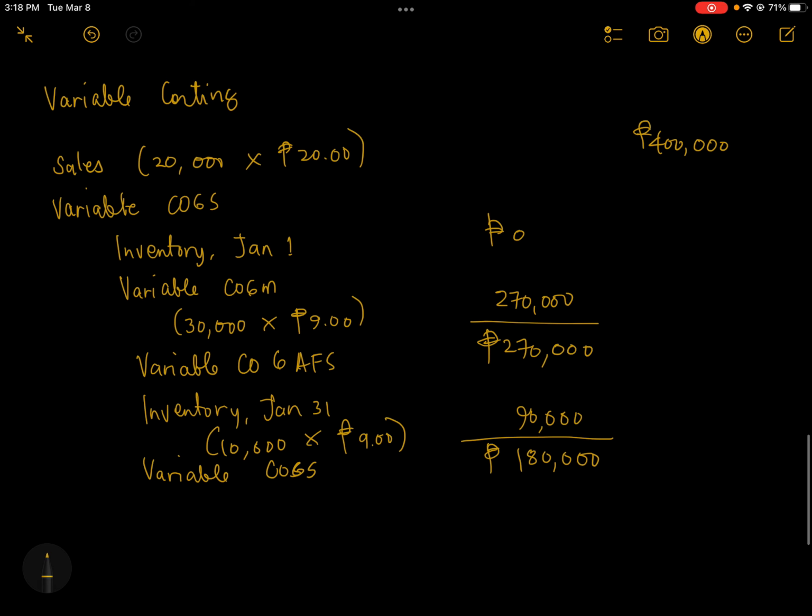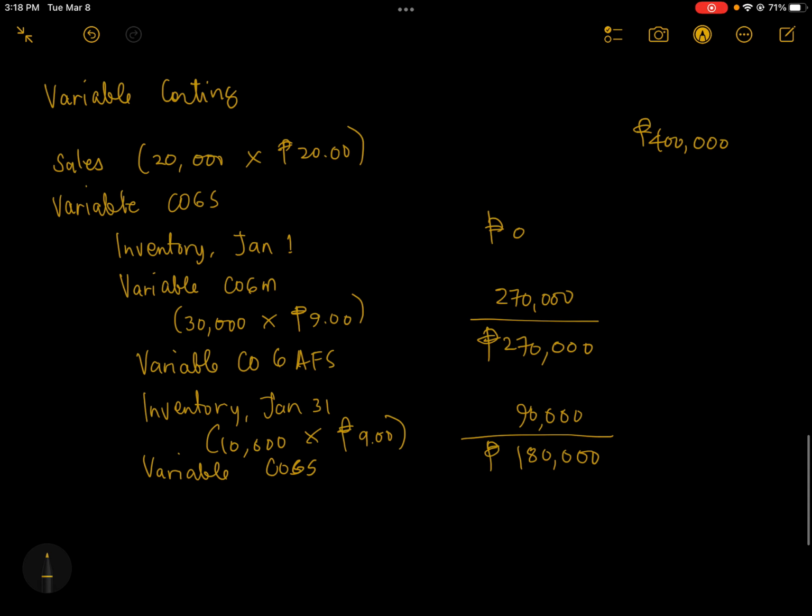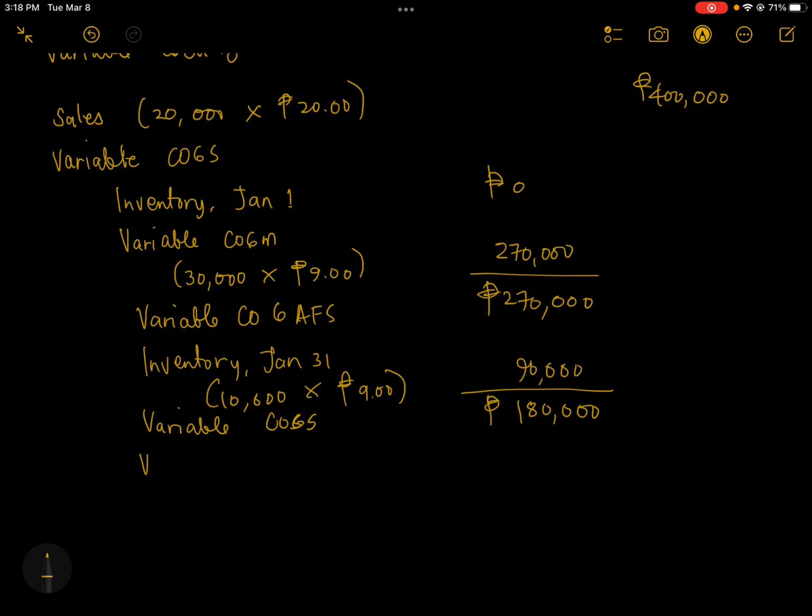Okay? But, ibabawas pa rin natin dito yung variable component naman ng selling and admin. Okay? Kasi under the variable costing, ang pagsiseparate natin is not on whether it's part of the product cost and or as part of period cost.